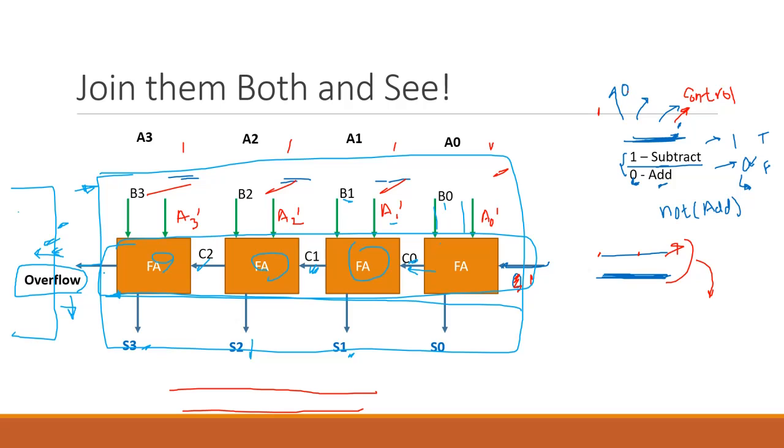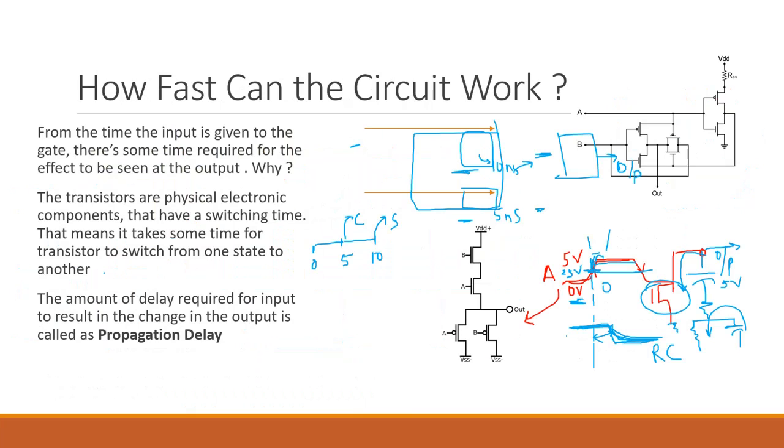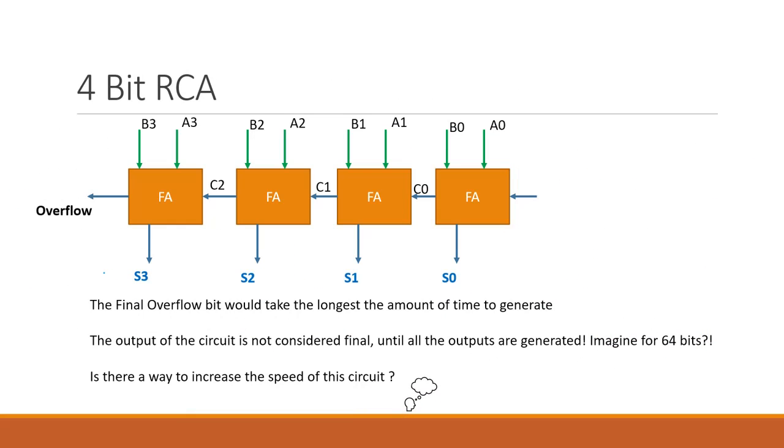Let's try and see if we can figure that out. Okay, that's what I explained here. The final overflow bit would take the longest amount of time to generate because of this dependency of the carry in for the full adder. So in this case, this is the worst case path over here.